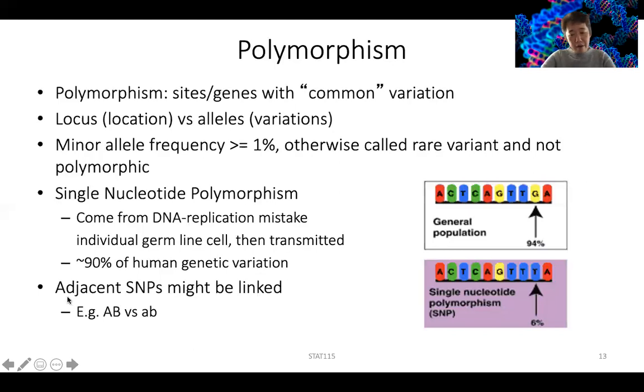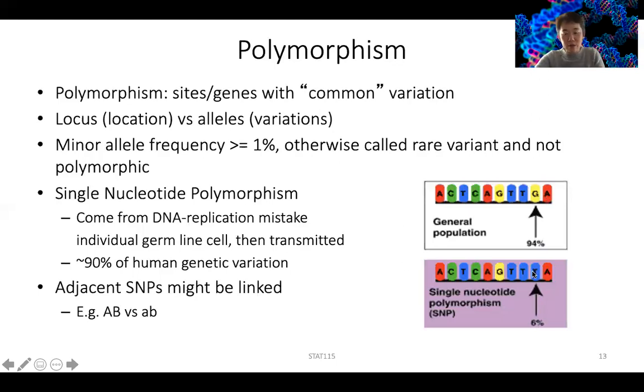And a very, very important characteristic of the SNPs is that adjacent SNPs might be linked. You can see here, supposedly we have 2 loci. Nearby there's another base, another location. That's the A position, and this is the B position.